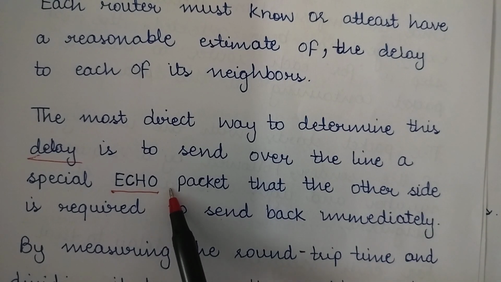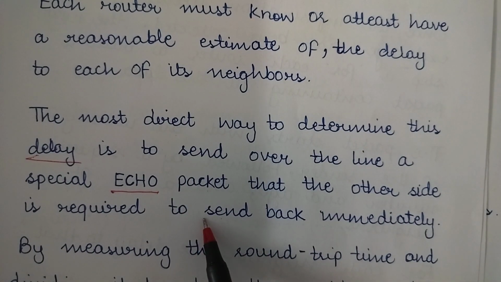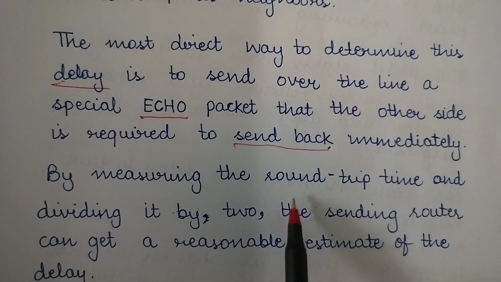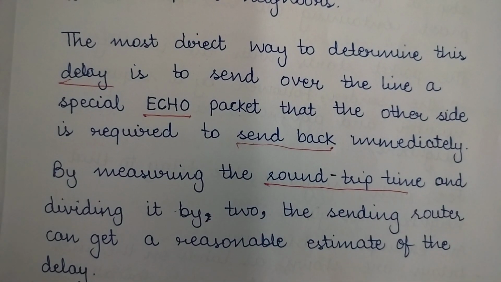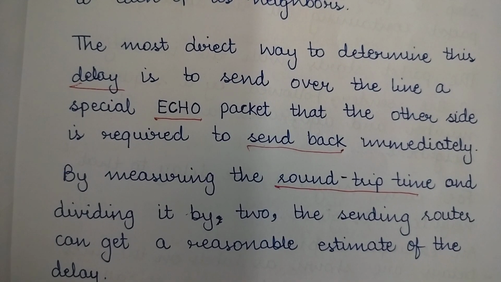So when the neighboring routers receive this echo packet, they are expected to send it back immediately. Now we measure the round trip time, which is the time taken for a particular packet to go from the sender to the receiver and then be returned from the receiver back to the sender.